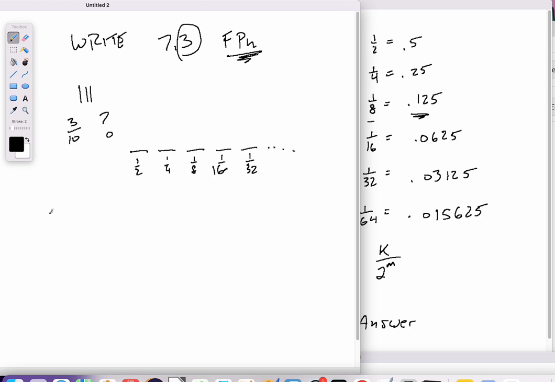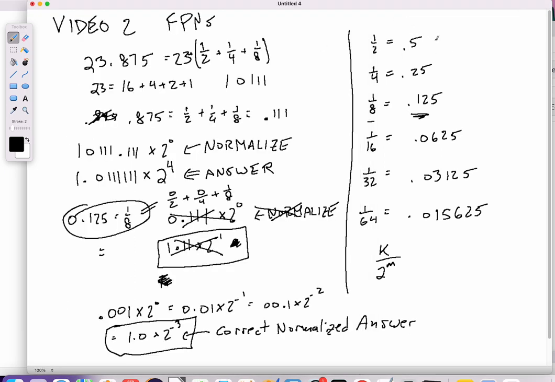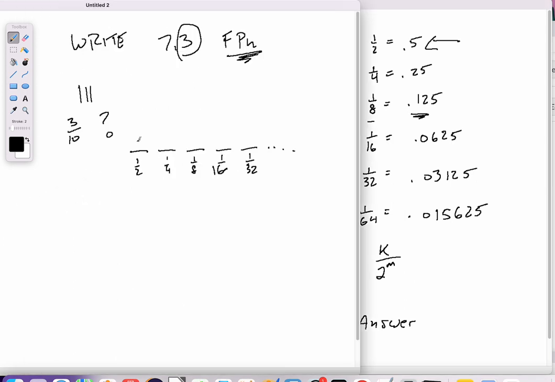So I have 0.3. Well, first of all, if I come over here, I can see there is no 0.5 in 0.3, so this is a 0. Now 0.25, 0.3, yeah, there's one of those. But now what do I have left? So I was at 0.3, and now I subtract 0.25, and what's left is 0.05.